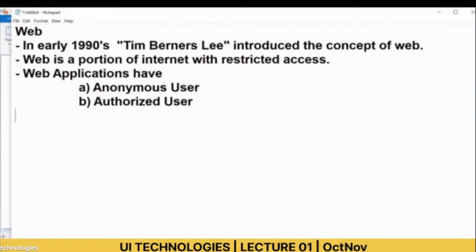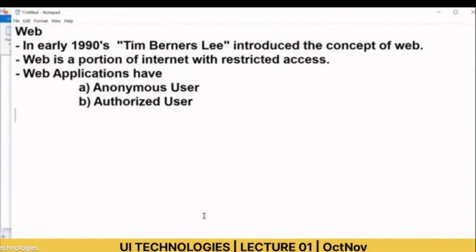Anonymous user means guest user. Guest user means he can open the website, he can watch certain details. After that, if he wants to move forward and access more information, then he needs to register, login.